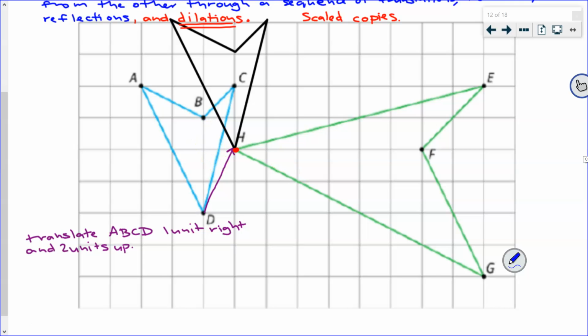I'll do that one in green though. So I'm going to use H as the center of rotation, using H as center. Rotate. How much am I going to be rotating? 90 degrees. Which direction? Clockwise.